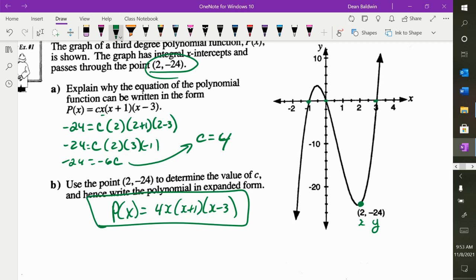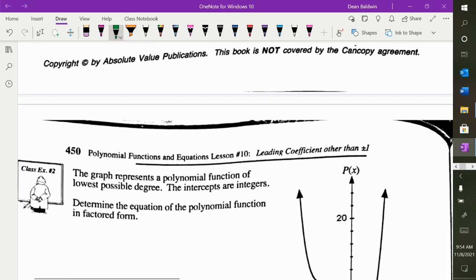What is C? What does it represent? It's a vertical stretch. Right? That's really what it is. Well, you want to call it A? All right, we'll call it A. It's both, right?